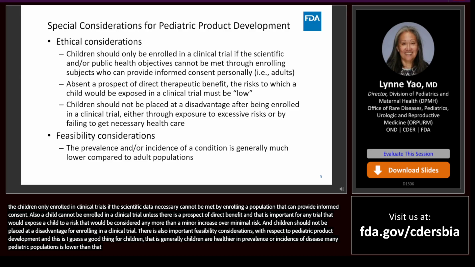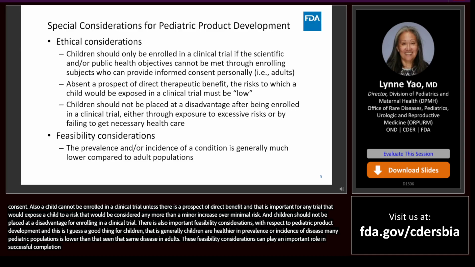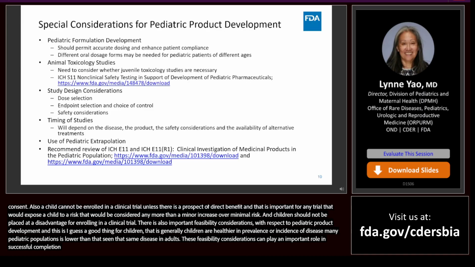Nevertheless, these feasibility considerations can play an important role in successful completion and the design of pediatric clinical trials. So I've described the ethical and feasibility differences in therapeutics development between children and adults. There are additional special considerations that I want to go over on this slide.